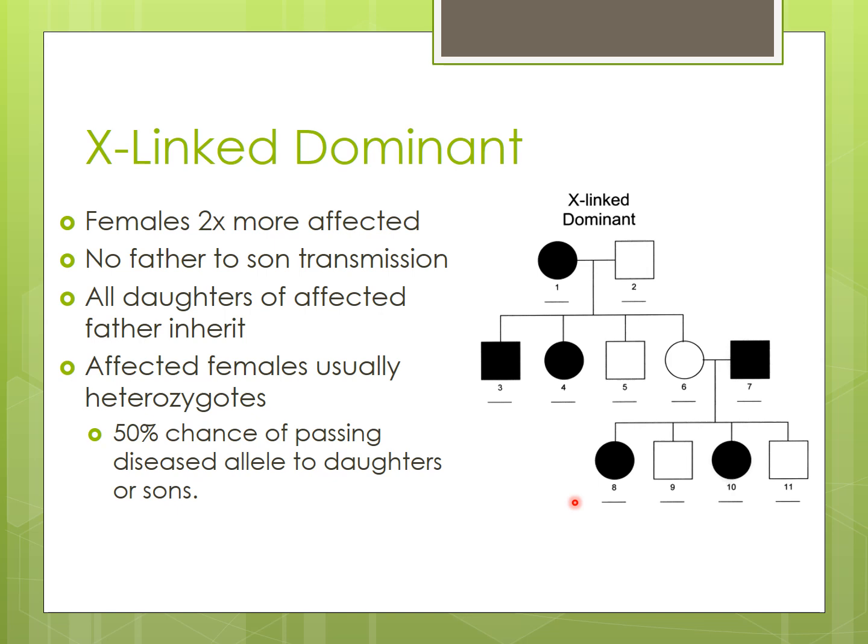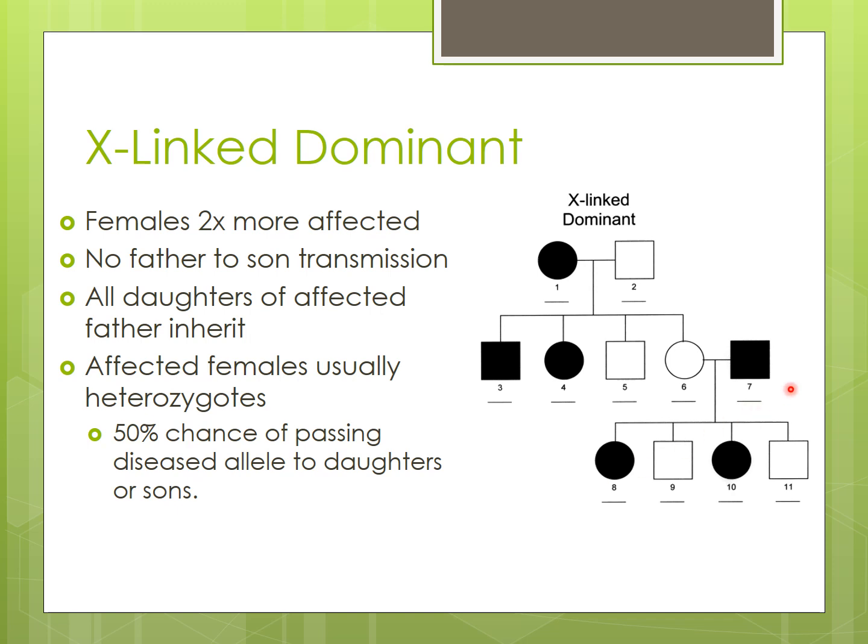So let's go back to the father-son transmission, right? If the father is affected, the father carries obviously an affected X chromosome, but the father to his sons will only give the Y chromosome. So it is not passed on from the father to son. You don't see that pattern.